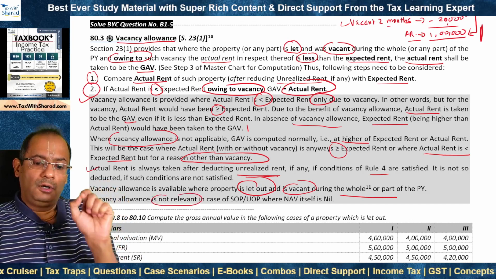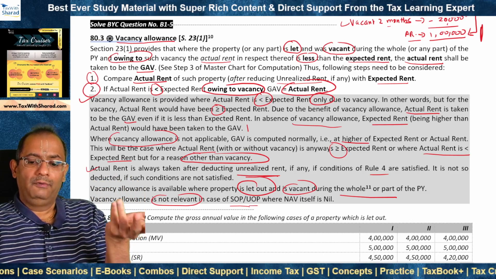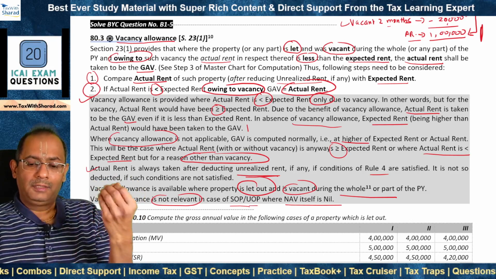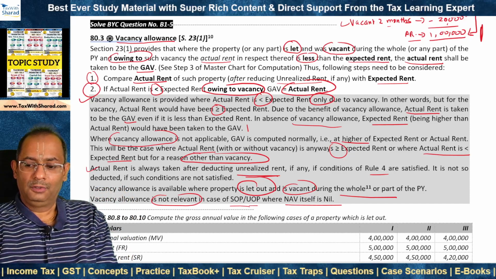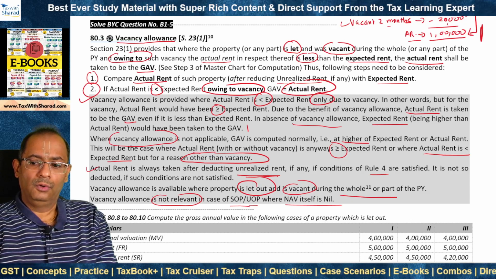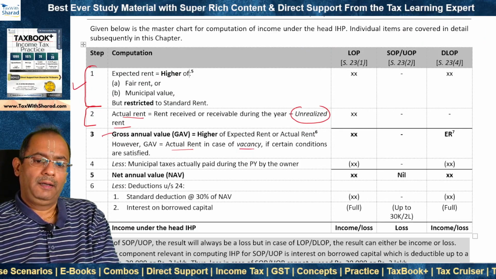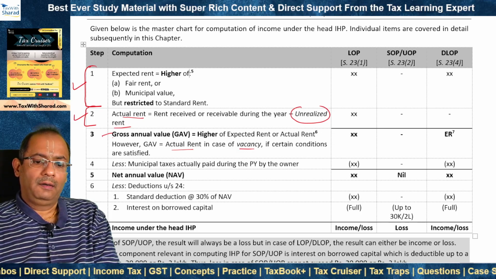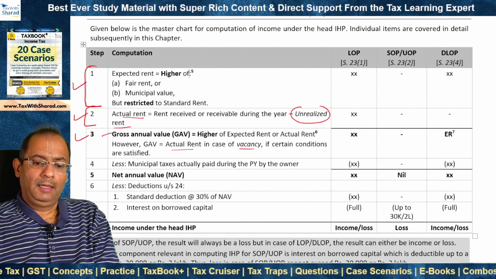Vacancy allowance is not relevant in the case of a SOP or UOP where NAV itself is taken to be nil, so therefore the concept of vacancy allowance is not relevant in the case of SOP or UOP. So we have so far discussed how to compute expected rent, how to compute actual rent, how to deduct unrealized rent, how to compute GAV, and how to provide for vacancy allowance.